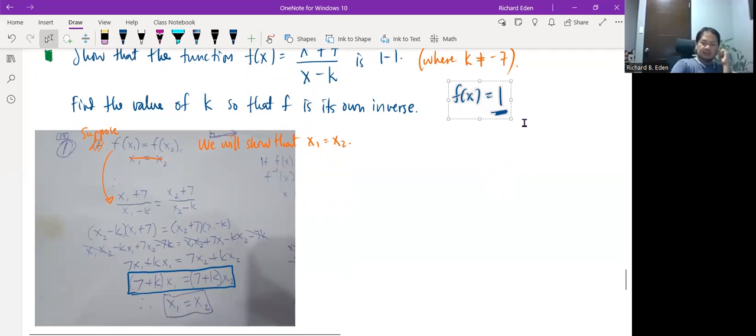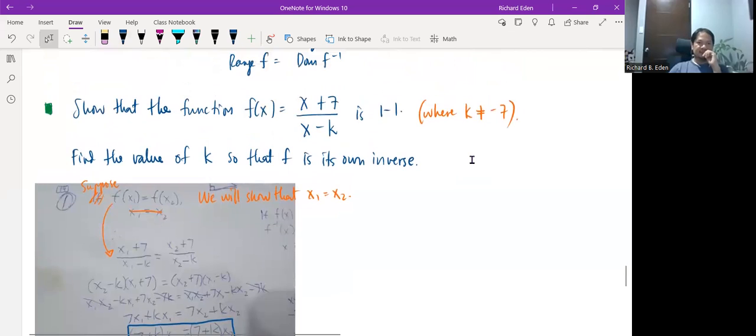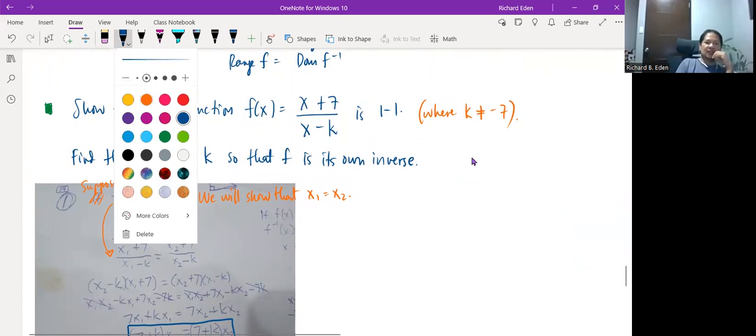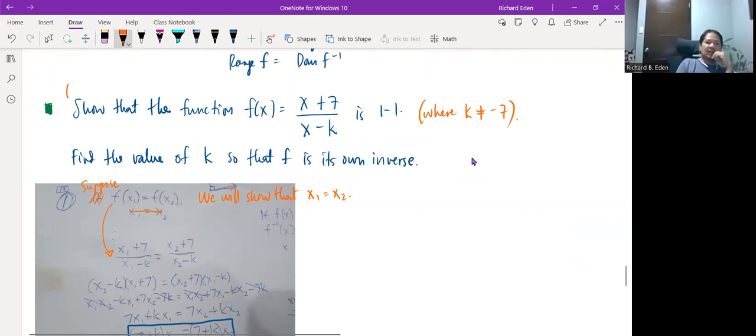I see. So at any rate, k should have been stated right from the beginning as not being equal to -7. Maybe I should have stated it here. Okay. Well, technically, then it means I'm correct.